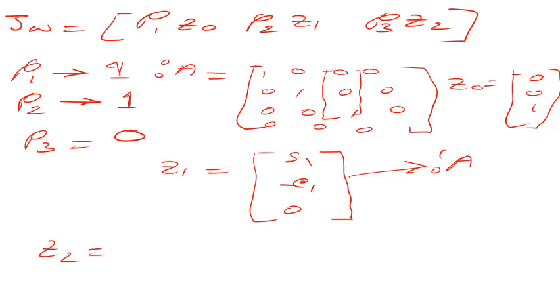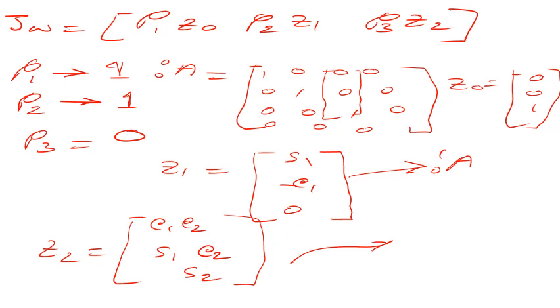We should get it from the A02 matrix. Once you multiply A01 by A12, you get A02, and your result for z2 would be c1c2, s1c2, and s2, which is the third column, first three elements of the A02 matrix.